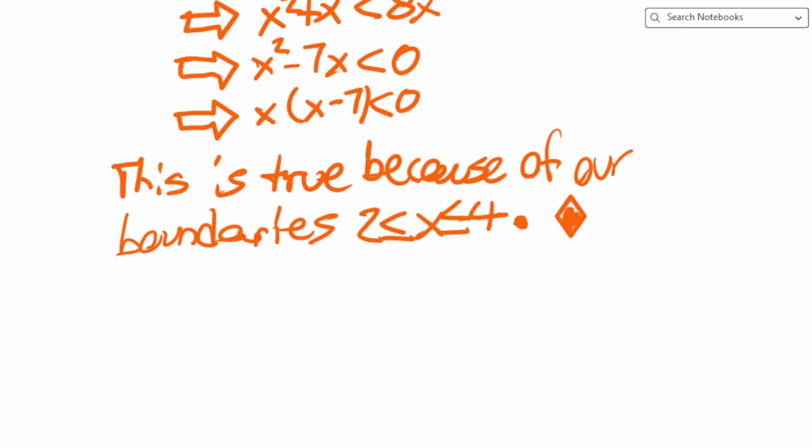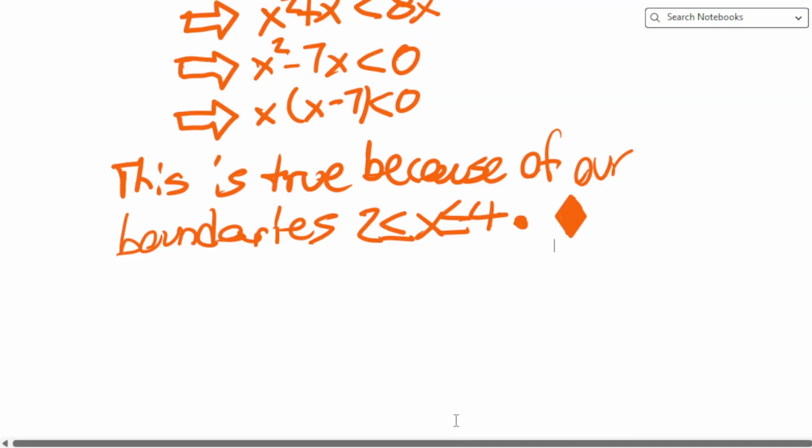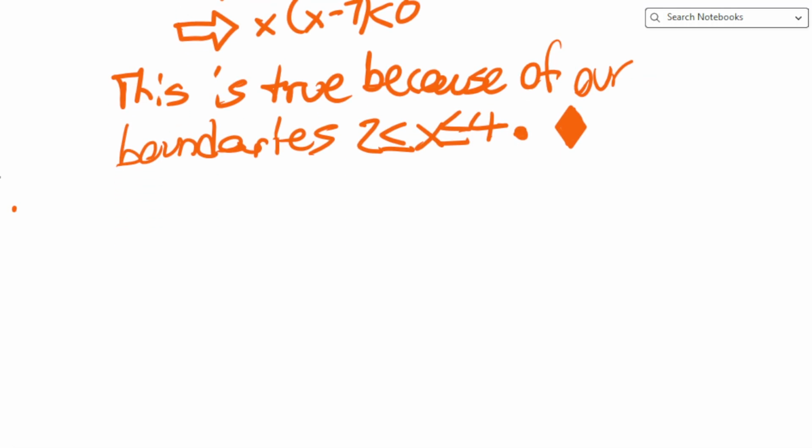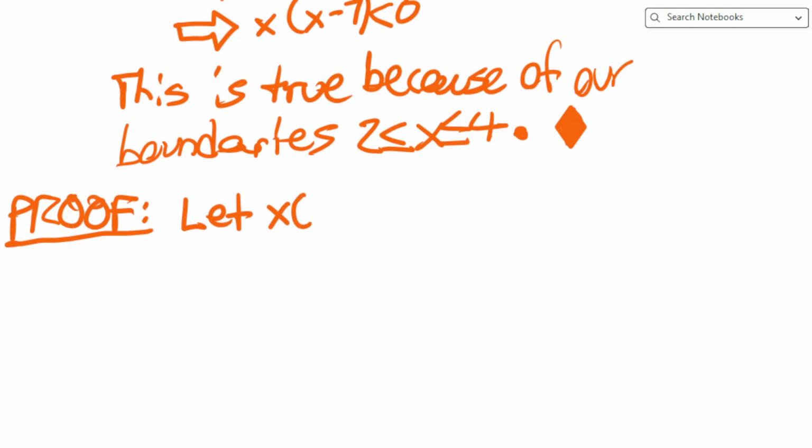So we will use this scratch work to prove this statement. So let's begin our proof. So we're going to let our final result we found from our scratch work start our proof off.